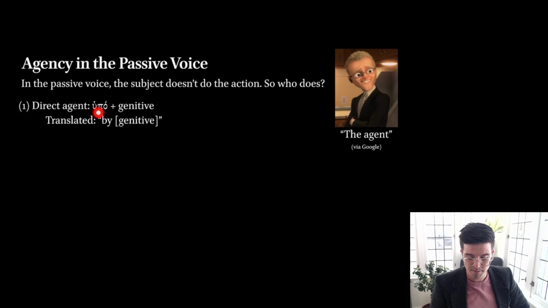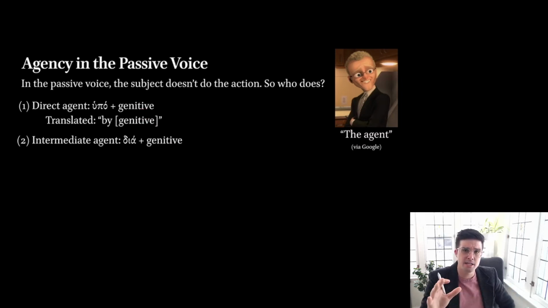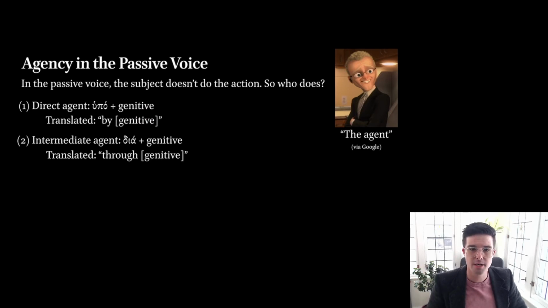So when you have the prepositional phrase hupo plus a genitive, the thing in the genitive is the one doing the action of the verb to the subject in the nominative case. If the agent is one step removed, not directly doing the action, then you'll have dia plus the genitive, and this is normally translated through, and then whatever that genitive person or thing is.